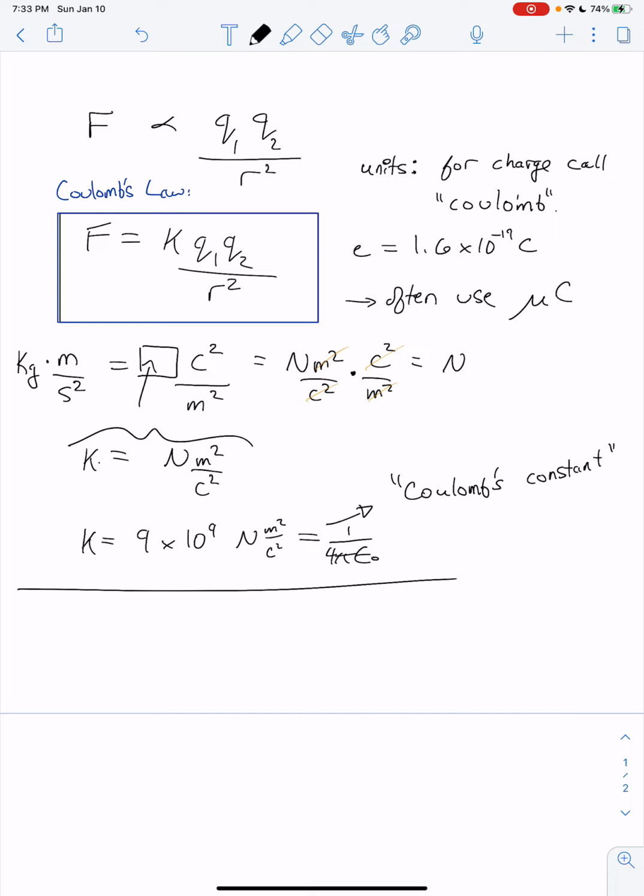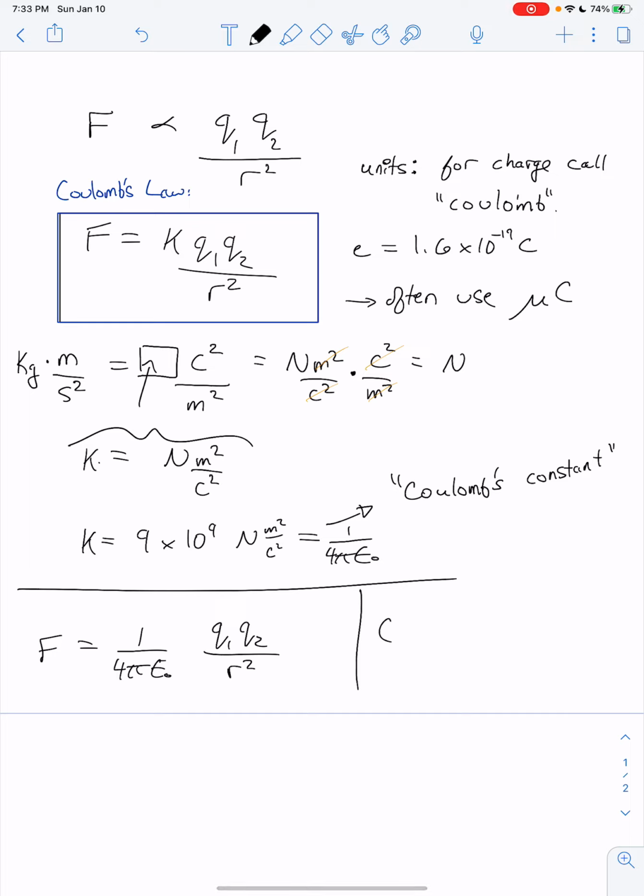So sometimes you also see this equation where instead of K, it's 1 over 4 pi epsilon naught, and then Q1, Q2 over r squared. And that's fine too. In some ways that's more rigorous. However, for a lot of our uses in this course, it would be fine to use K or Coulomb's constant. But you should know both and be able to relate them from one to the other.